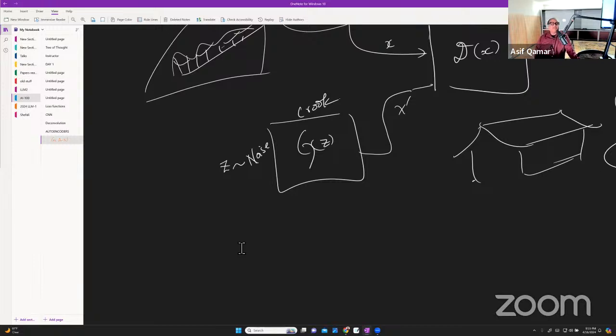So what are the 2 architectures you have learned? At this moment, feed-forward networks, dense layers, and convolutional layers. You can put, and remember, you're taking noise and creating high-dimensional data out of it. So it is actually deconvolution. Remember the decoder part of it, decoding noise into something meaningful.